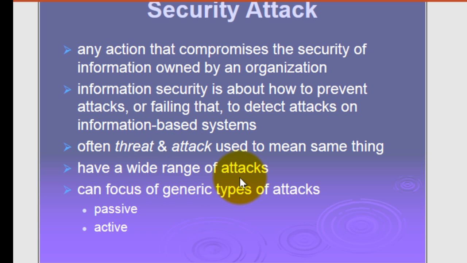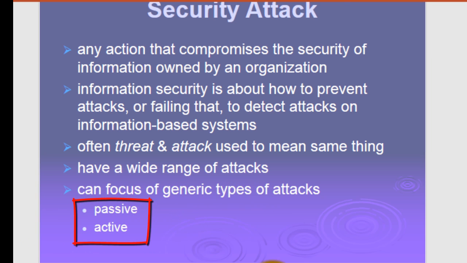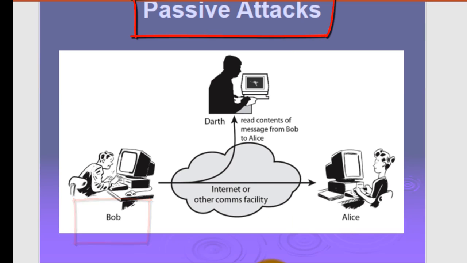We have a different range of attacks, as we saw in the security trends. We have different types of attacks, but we can classify these attacks basically into two types: passive attacks and active attacks. Let us see what a passive attack is. A passive attack is an attack in which an attacker or a hacker will hack your data, and he doesn't do any modification to your data.